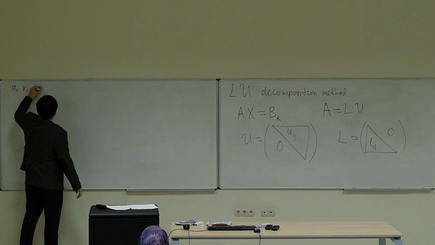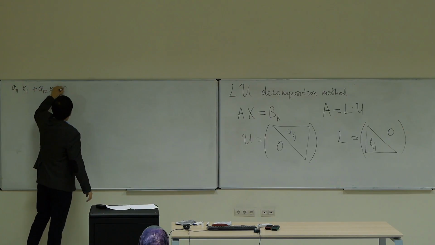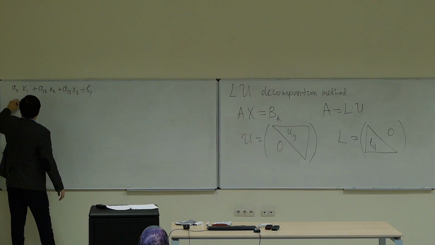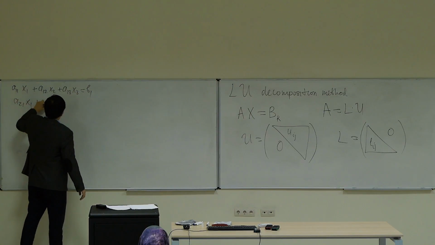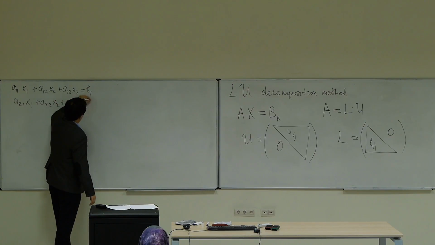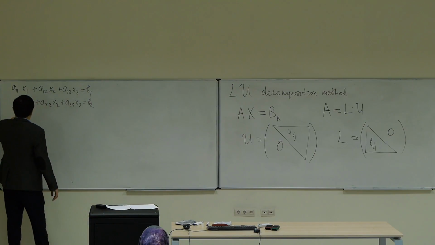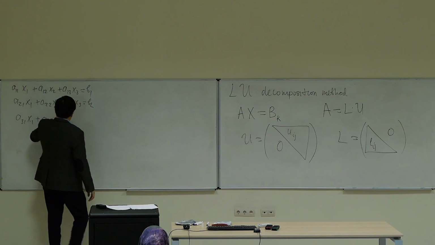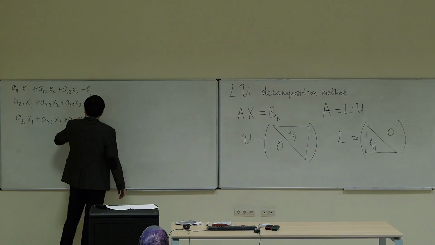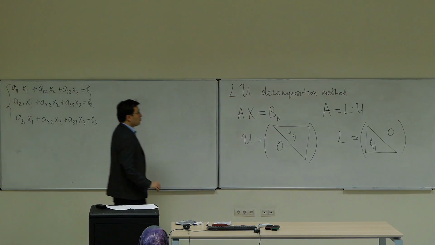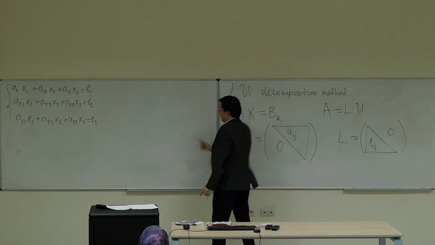A11 x1 plus A12 x2 plus A13 x3 is equal to B1, and so on. Okay, this is the system I want to solve. I want to show this method in detail for this system.